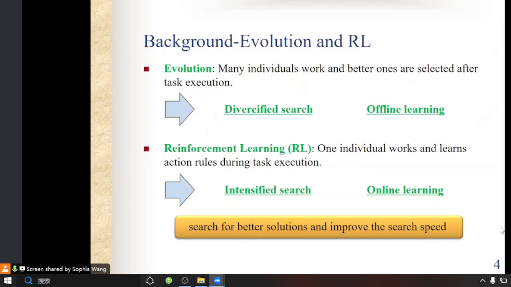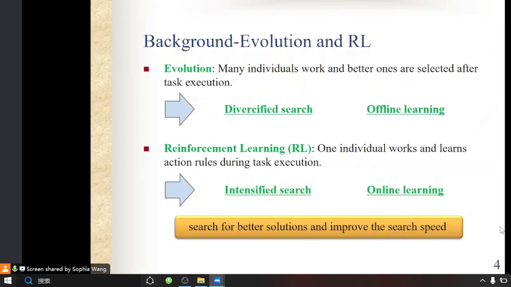In this case, we see that it's a diversified search, okay? Because you cannot change your trading strategy during the daytime. You can only change your strategy after 3 o'clock in China. So it's a diversified search, but it's an offline learning. Every day after that time, you can change your strategy.